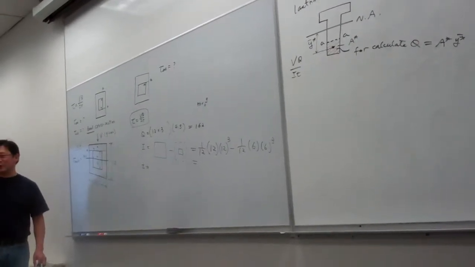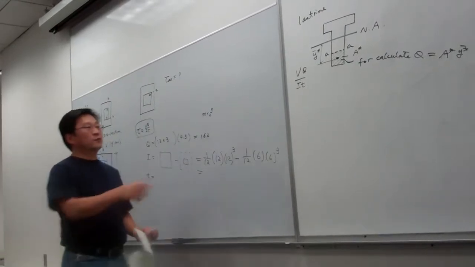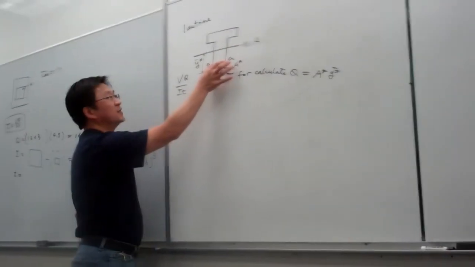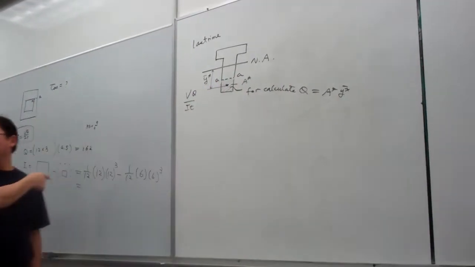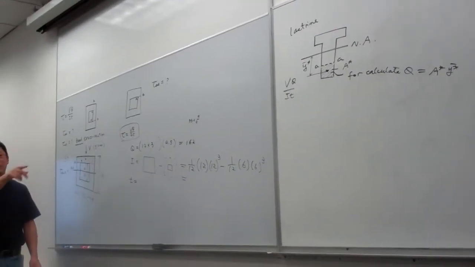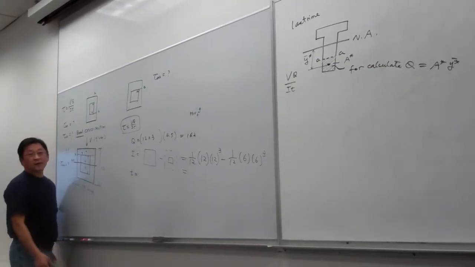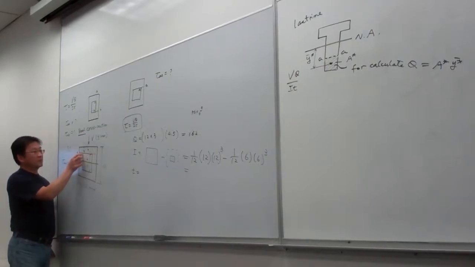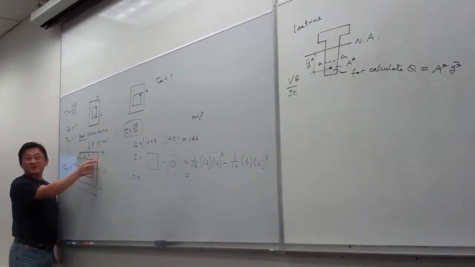So we now come to the point. For what we have learned, we know that T is the thickness of the cut. For this case, again, we stick with our original concept. The T should be the thickness of the cuts, this one and this one. So added together is how much? 6.